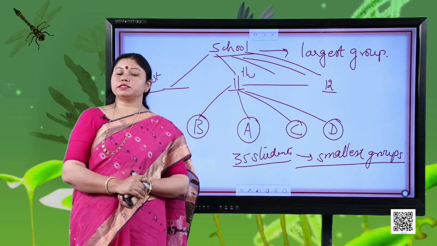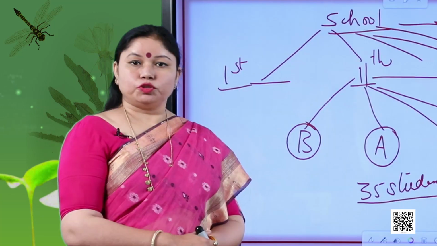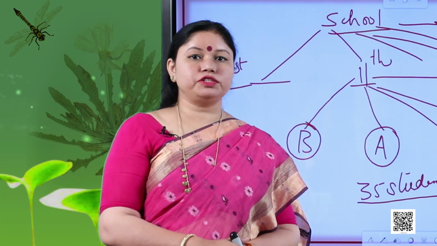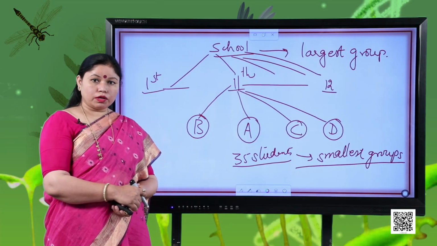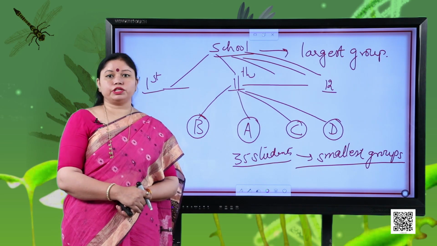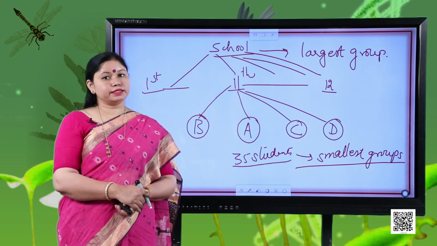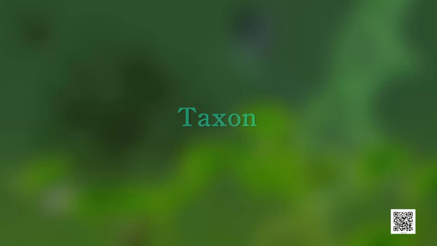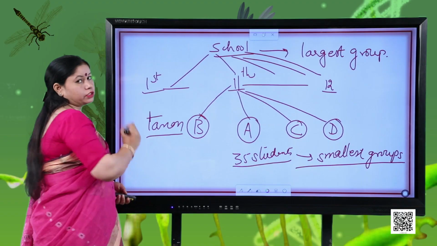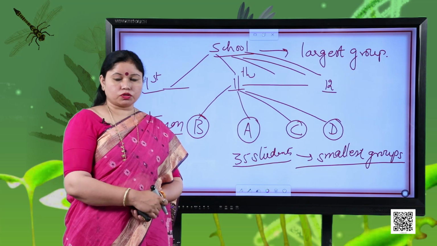Similarly, when you are studying an enormous variety of organisms, you need to devise a convenient way to study them. This is why living organisms are arranged into various categories based on their similarities and dissimilarities, and each category is called a taxon. So, the term for the category is taxon.